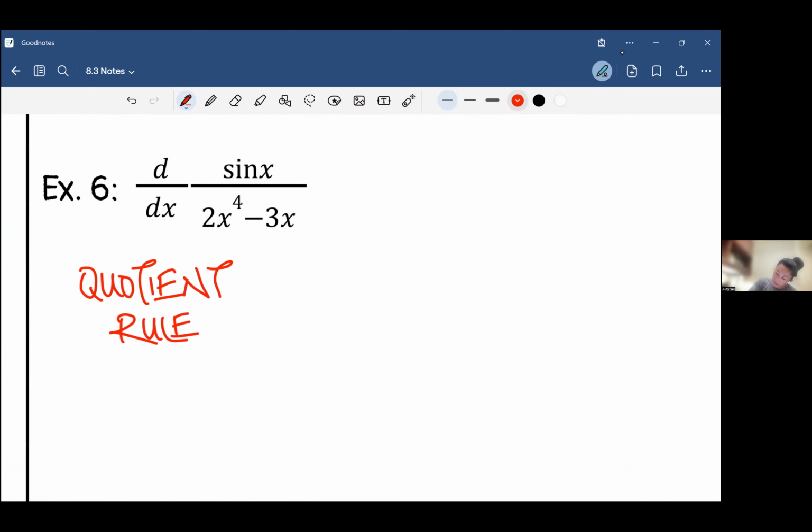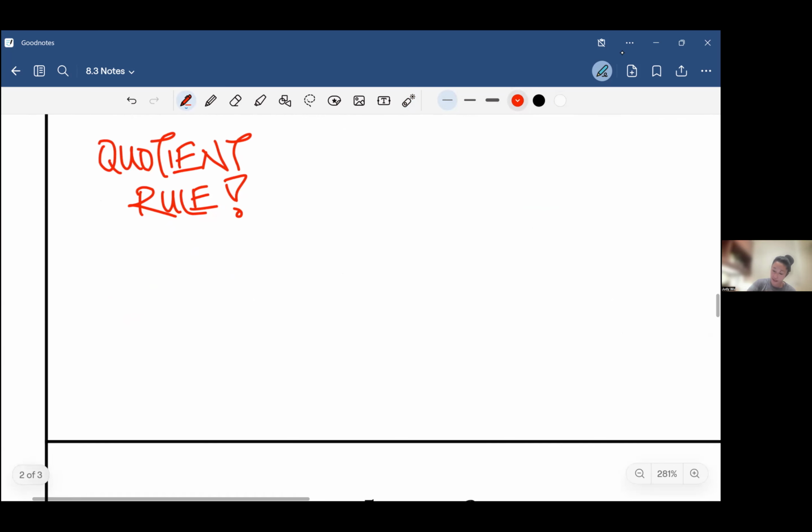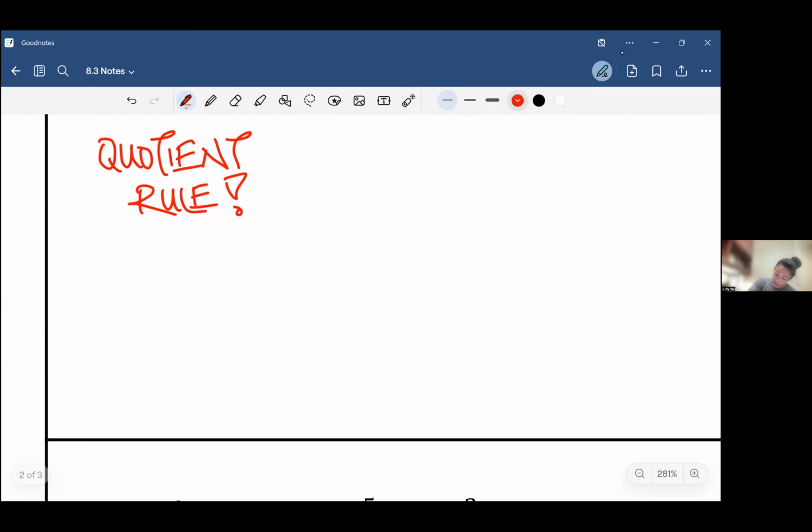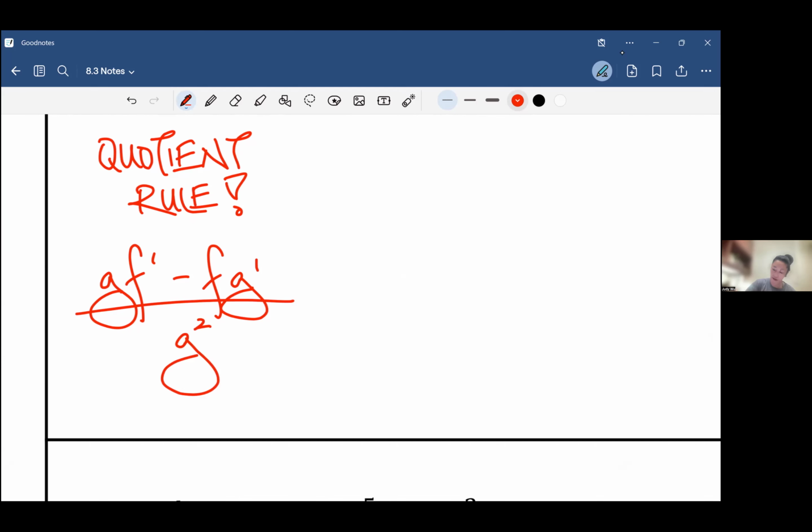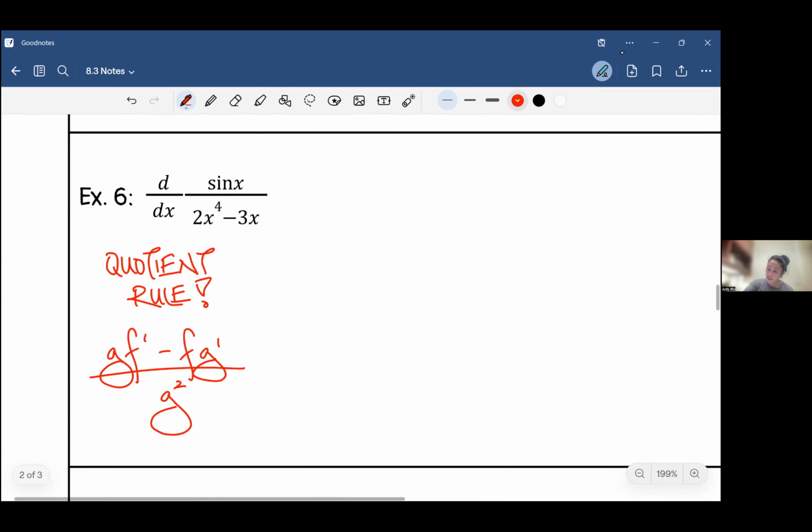Maybe it's been a while since we've seen our quotient rule, so let's go ahead and write that down: g f prime minus f g prime over g squared. So let's set up for our quotient rule. f is our sine x, and g is 2x to the fourth minus 3x.